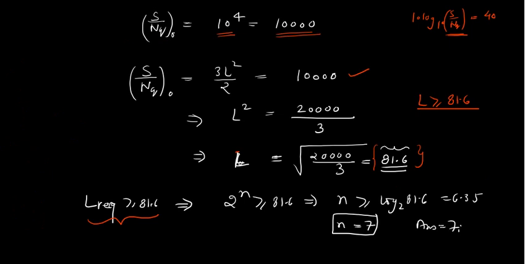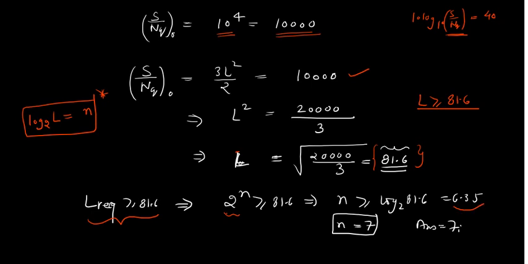If you remember, once we perform binary encoding, the number of bits is log 2 L. So we can replace L with 2 to the power n, so 2 to the power n should be greater than or equal to 81.6. If we solve it, n should be greater than or equal to log 2 of 81.6, which is 6.35.